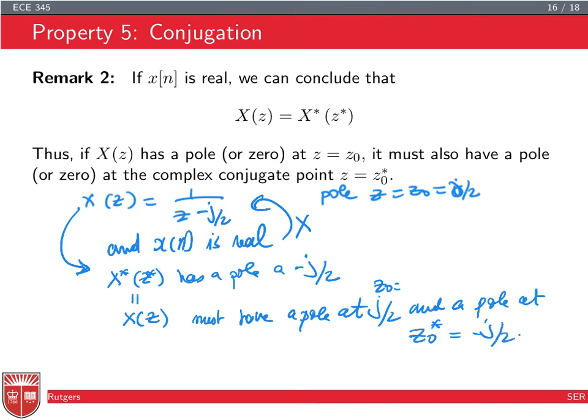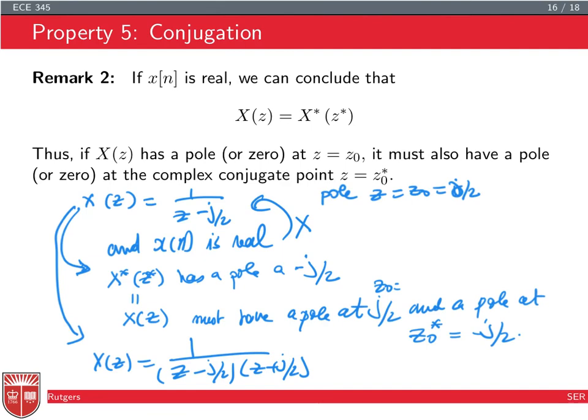So this is why, when the signal is real and whenever you have a complex pole, you must have another pole which is its conjugate. So x of z here, if x of n is real, should always have the pole and its conjugate. So it must have z minus j by 2 times z plus j by 2.